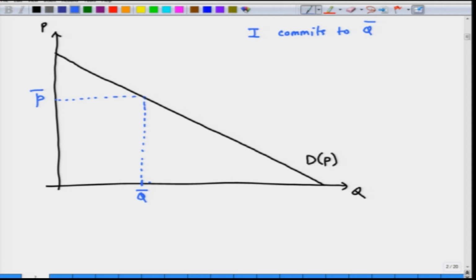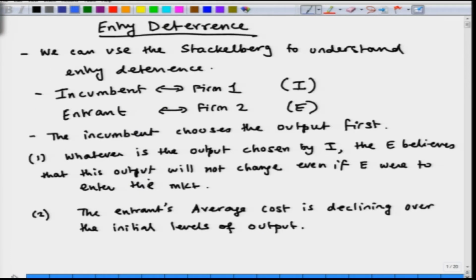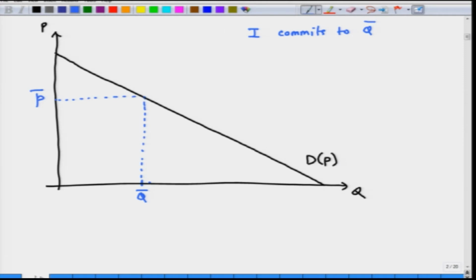Now, assumption 1 says that whatever is the output chosen by the incumbent, here Q bar, the entrant believes that this Q bar will not change. So, the incumbent is committing to producing Q bar units. The residual demand for the entrant is essentially the market demand less the Q bar units that the incumbent has already sold, right.